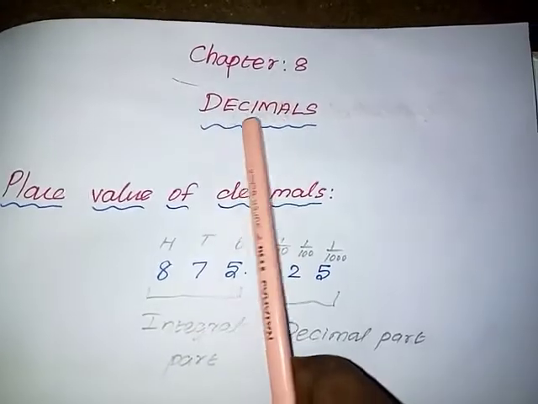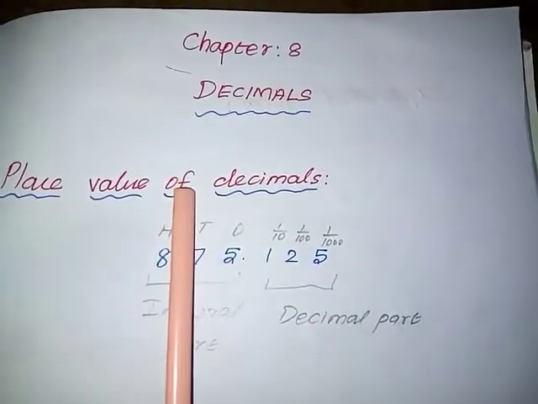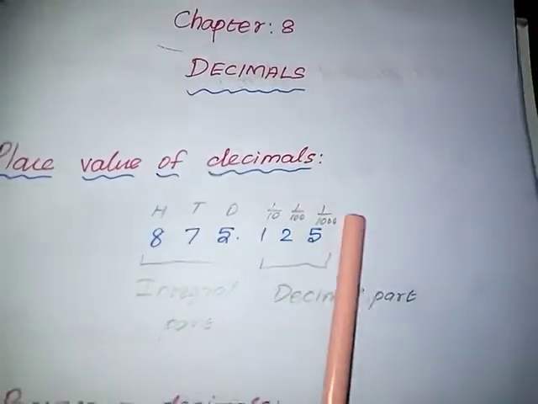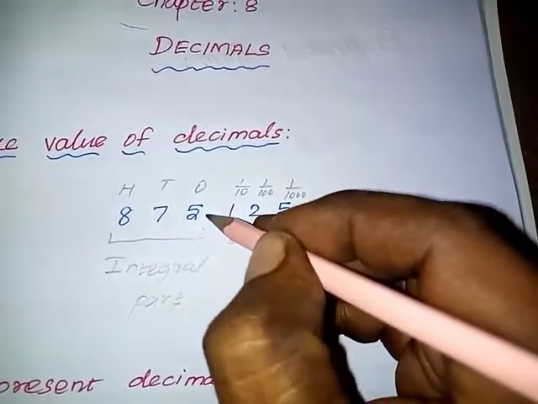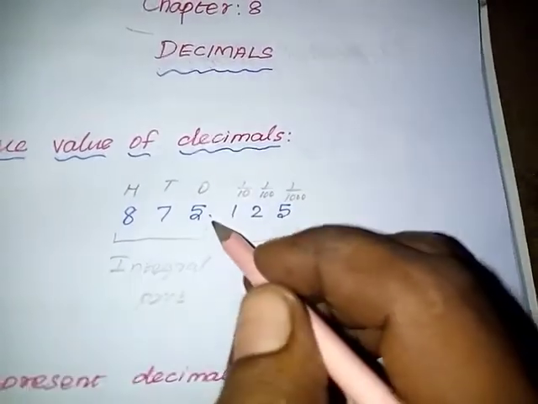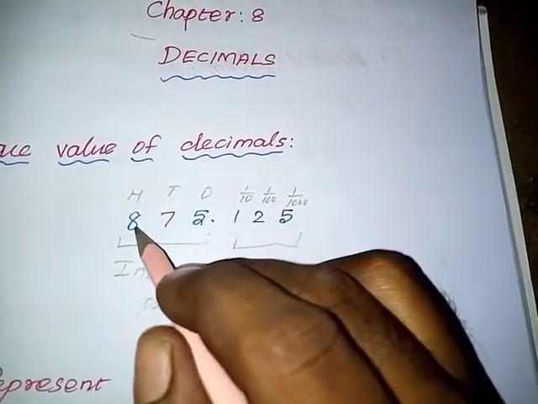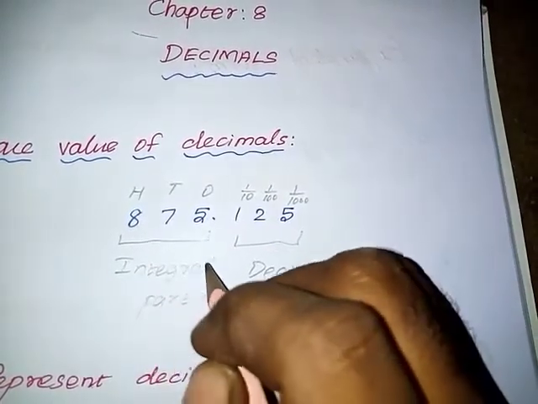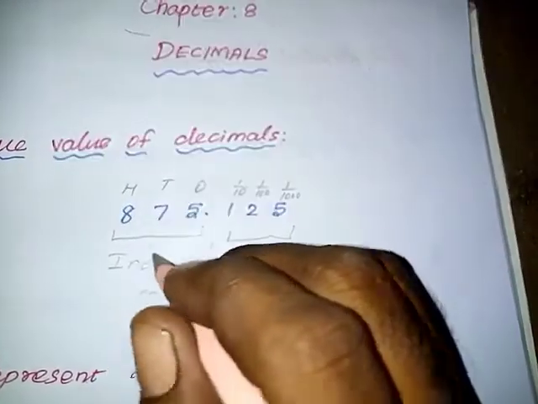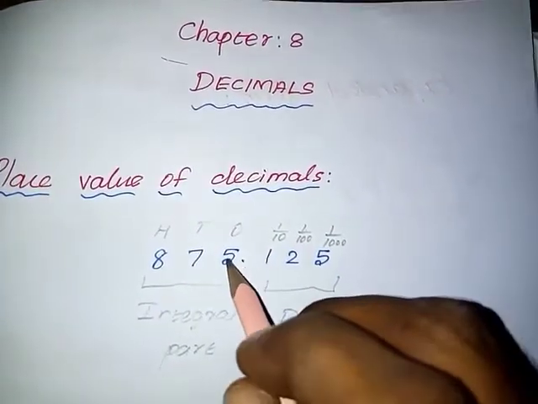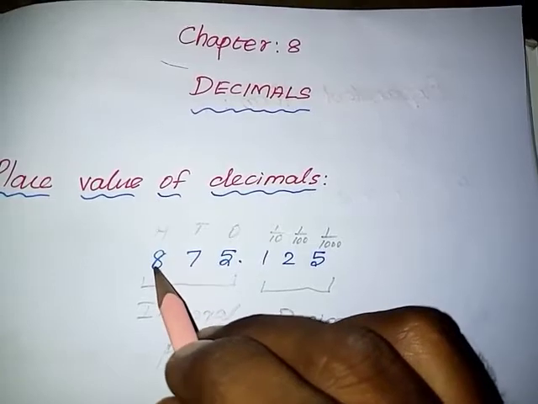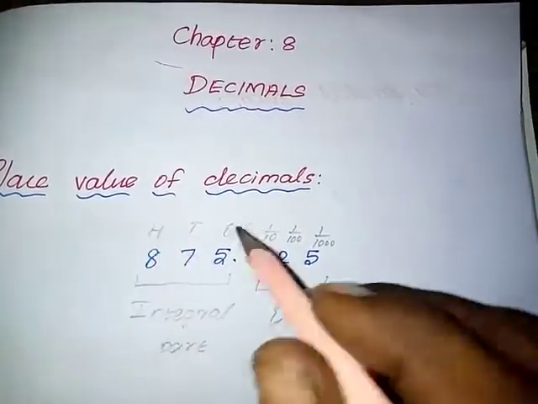Chapter 8 Decimals. Place value of decimals. Consider the number. So this is the decimal point. The left side of the decimal point is called the integral part. In the integral part, the place values are ones, tens, hundreds and so on.